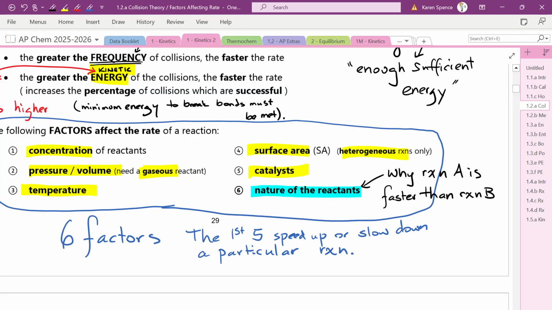So if I say, how could you speed up this reaction? You could say I could increase concentration, I could increase temperature, I could increase surface area, I could add a catalyst, I could increase the pressure, but you couldn't say, I could change the nature of the reactants because now you're looking at a different reaction, right?